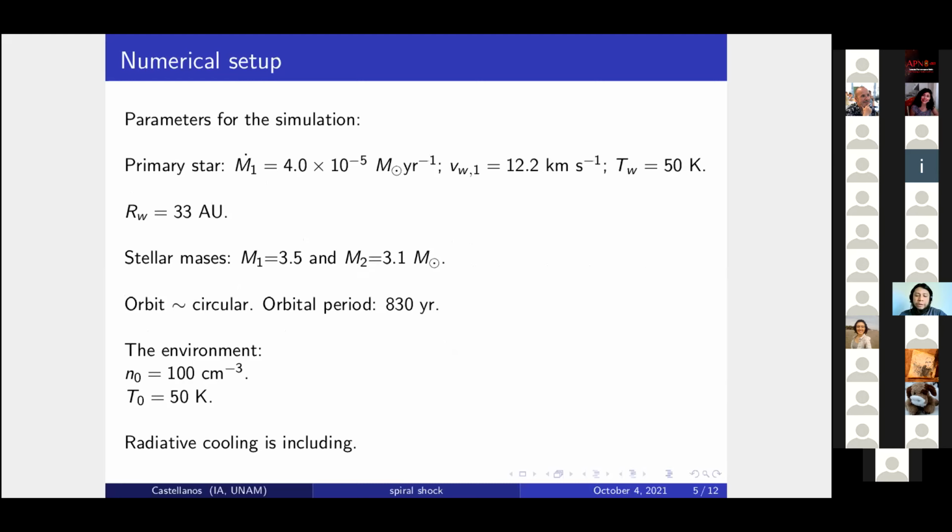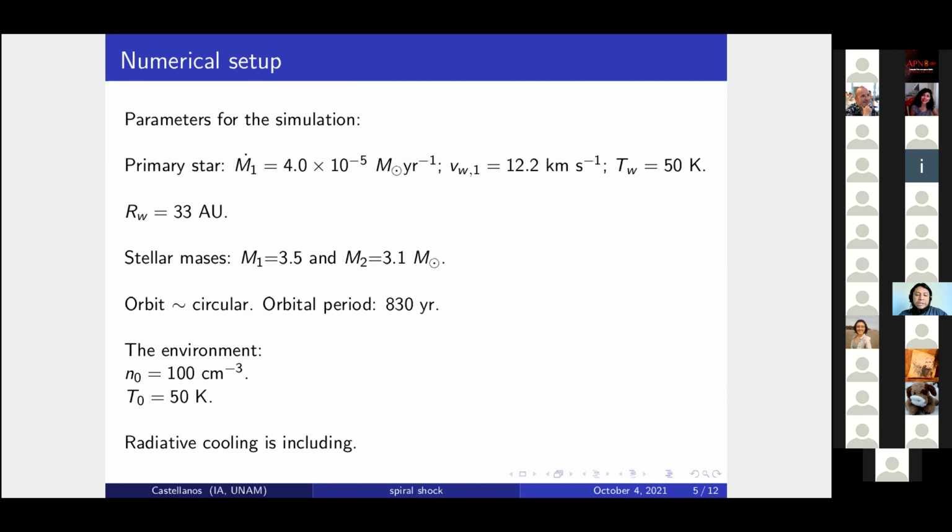All our simulations share these parameters, for a powerful wind of a post-AGB kind. The first are the mass loss rate, wind terminal velocity, and temperature of the principal wind. All the winds are imposed at a radius of 33 astronomical units.